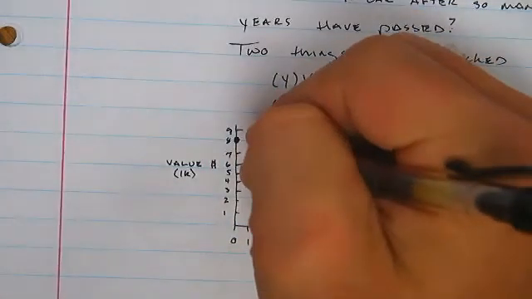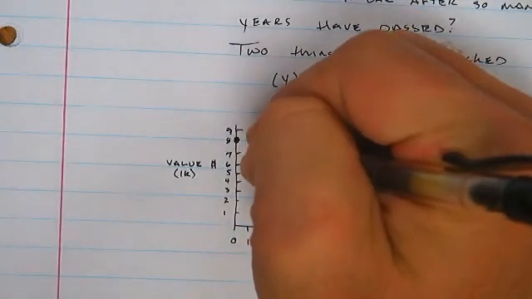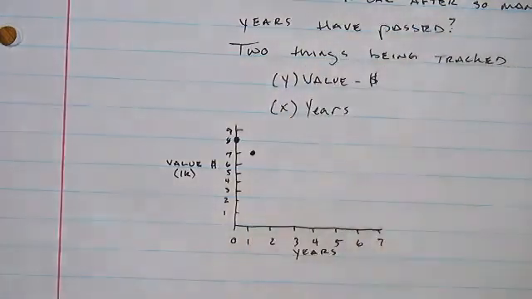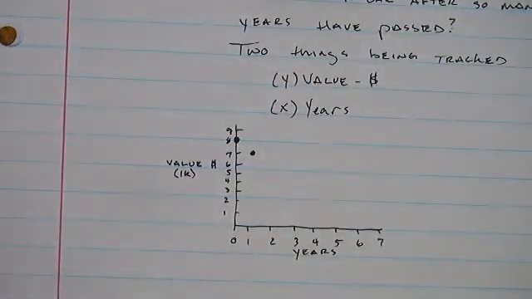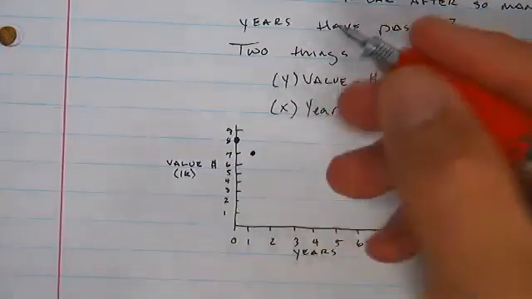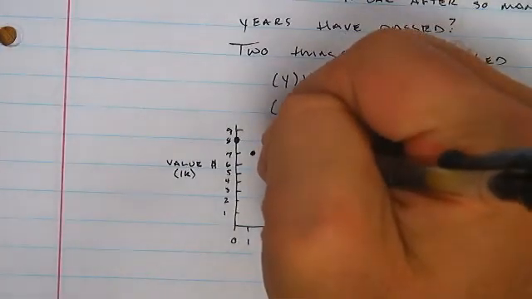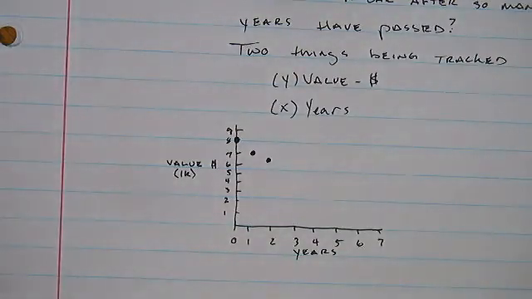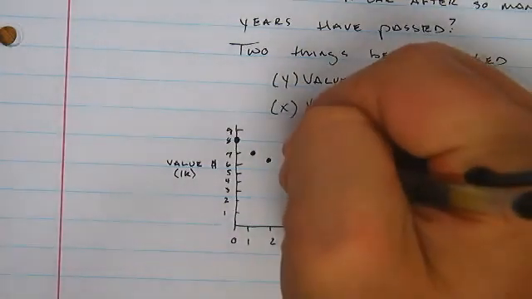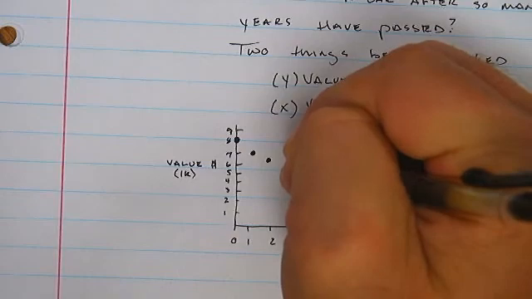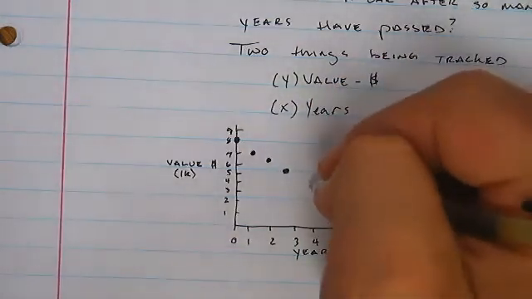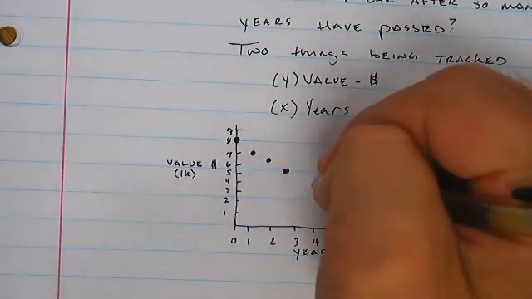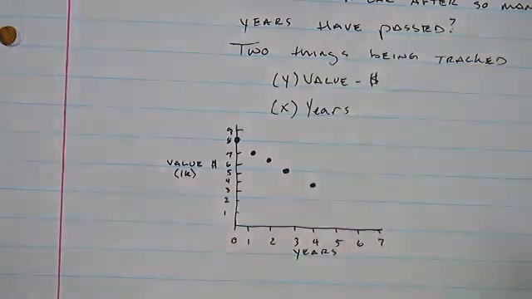And we'll just say that it fell to $7,000. Year 2, maybe it fell just a little bit less, and it was like 6,500 or so. Year 3, maybe it's about 5,700. Year 4, those cars took a really big hit in the market and they went down.